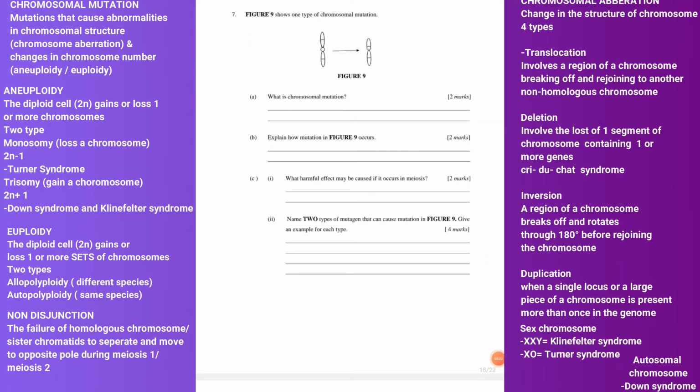Question 7, figure 9 shows one type of chromosomal mutation. What is meant by chromosomal mutation?